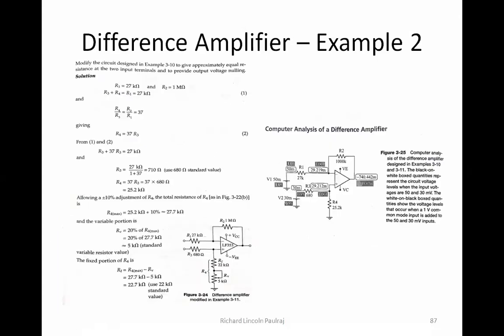Modify the circuit designed in the previous example to give approximately equal resistance at the 2 input terminals and to provide output voltage nulling. Now this is very important.